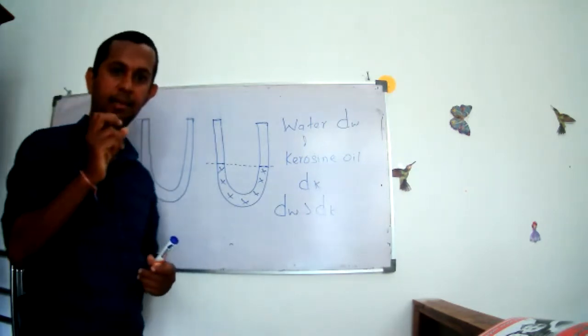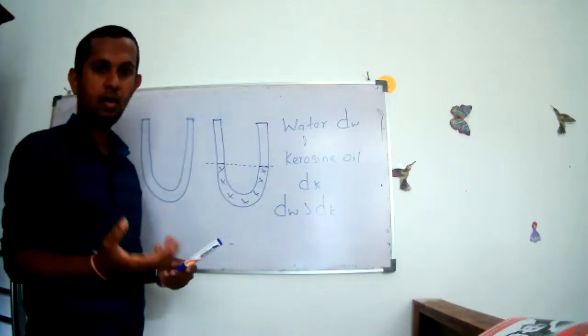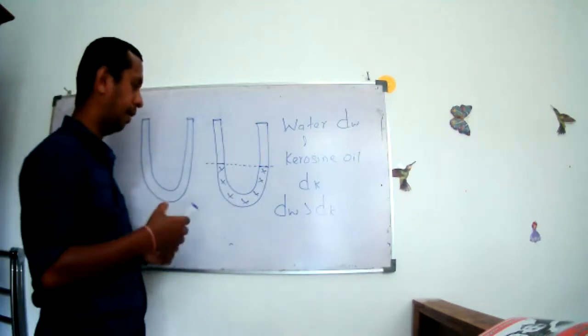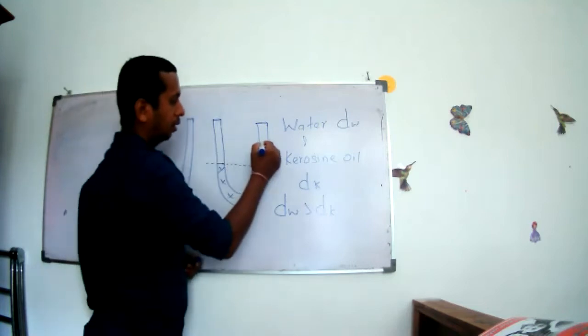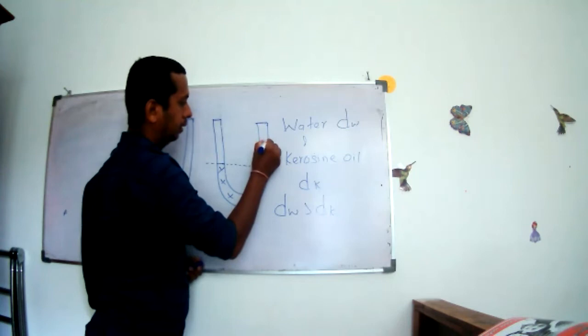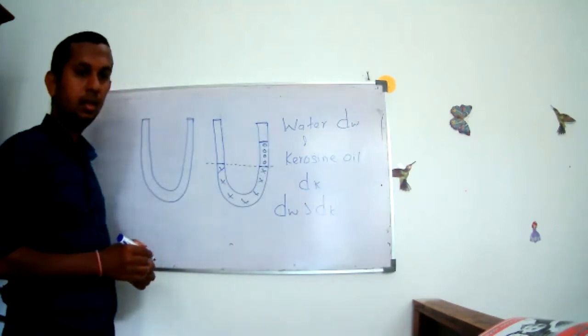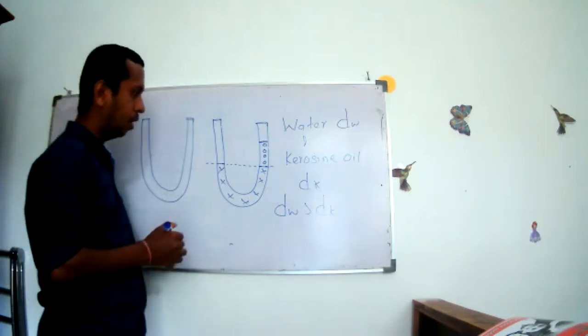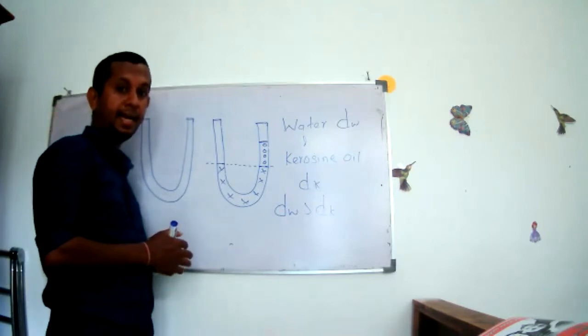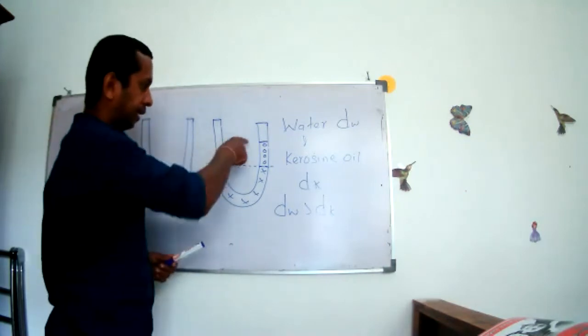Now I am going to add my second liquid. I am going to pour the kerosene oil to the right hand side column. Now assume I have already added a significant height of kerosene oil to the right hand side column.